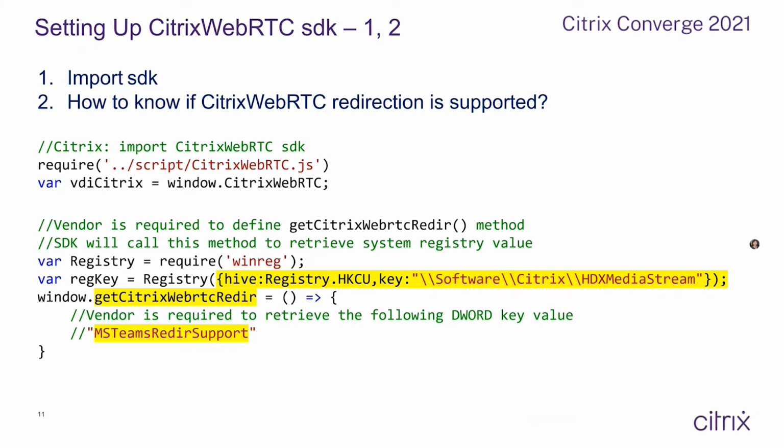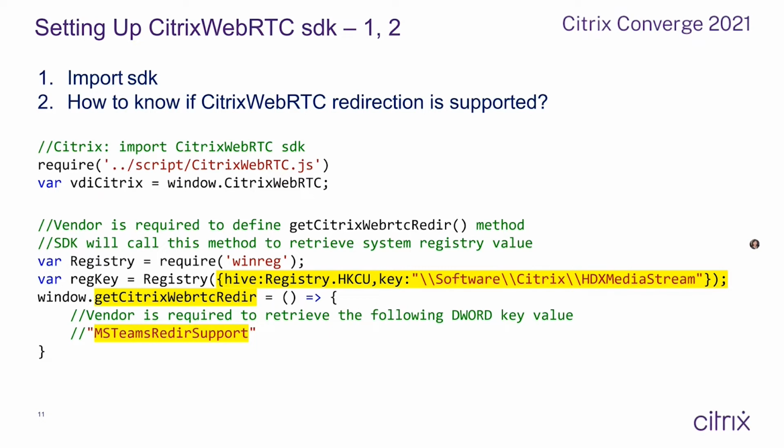To determine if Citrix WebRTC redirection is supported or not for a particular session, the vendor application needs to define a method that returns a promise string of a specific Citrix registry key value. The SDK will call into this method whenever necessary to retrieve this dynamic registry key value.